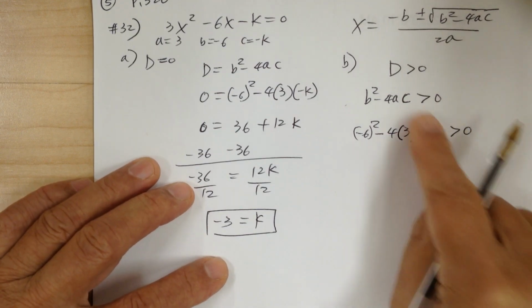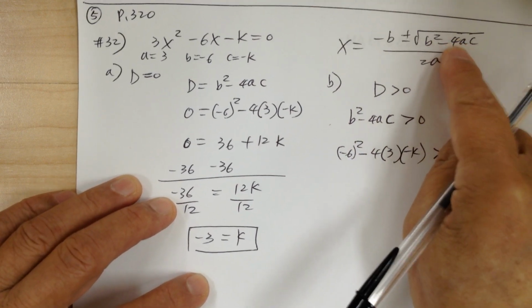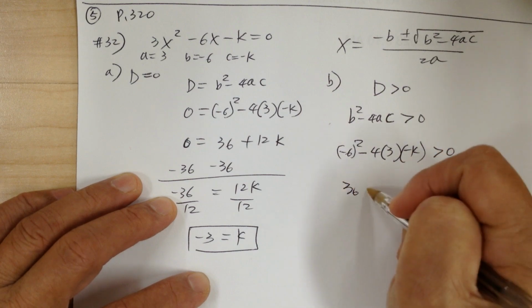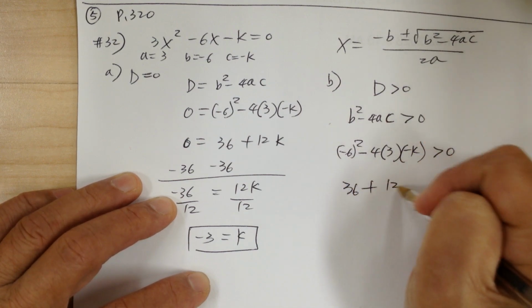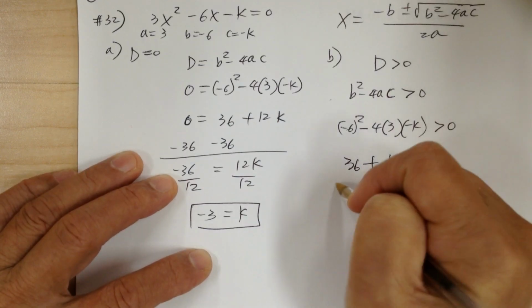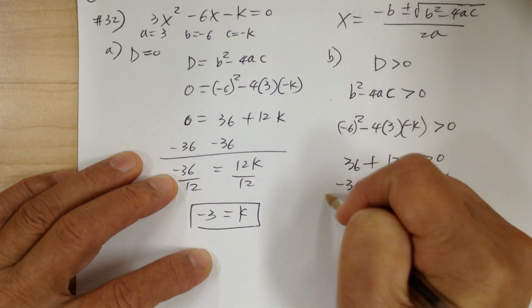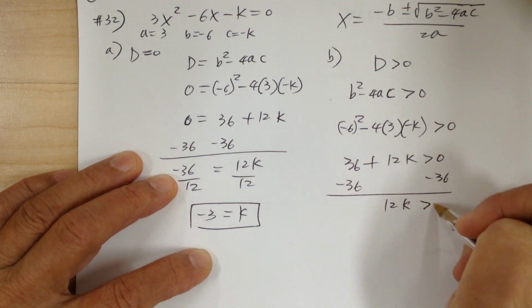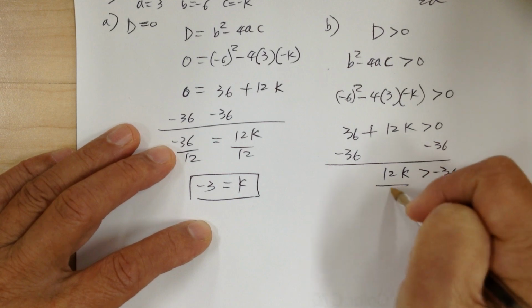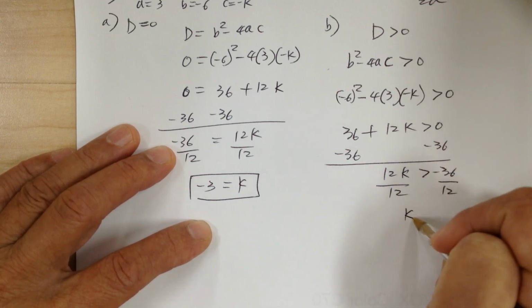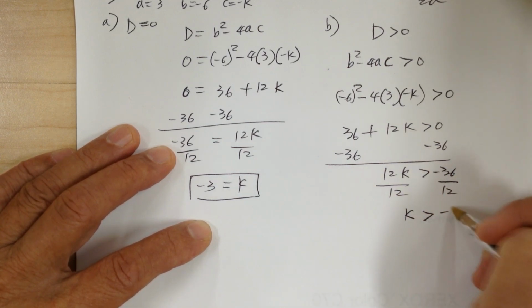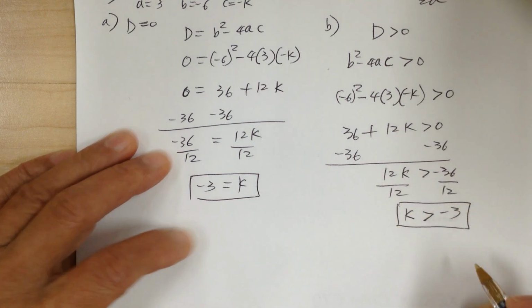To get real roots, the inside has to be greater than 0. So you got 36 plus 12k is greater than 0, minus 36, minus 36. So 12k is greater than negative 36. Divide by 12, divide by 12. So k has to be greater than negative 3.